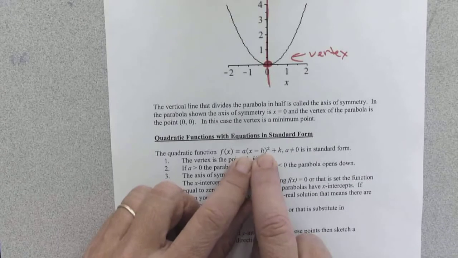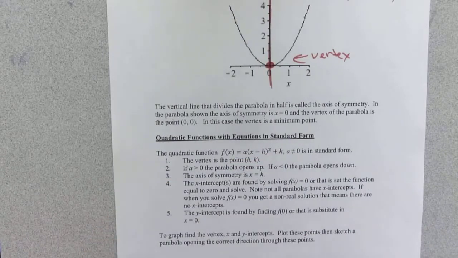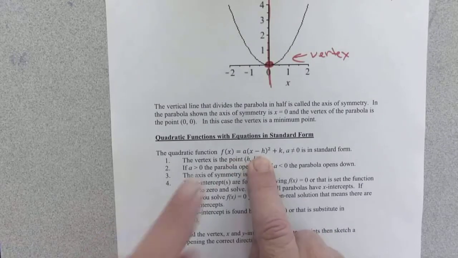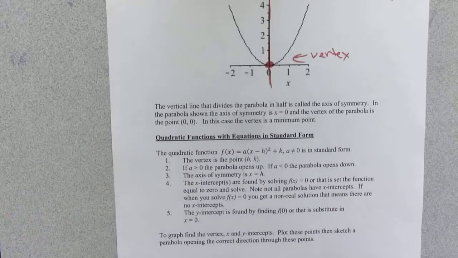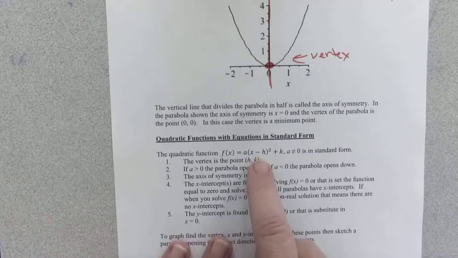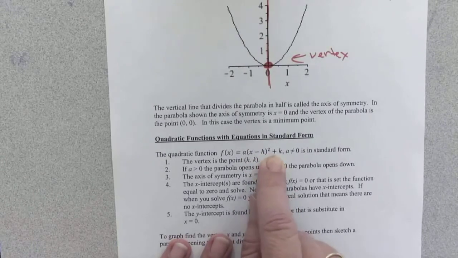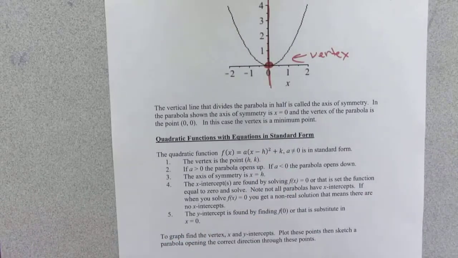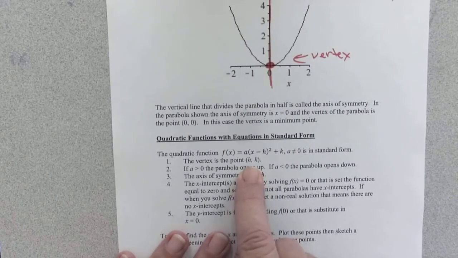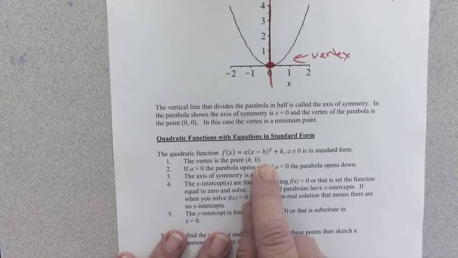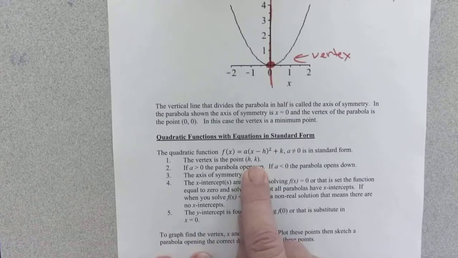When we were doing horizontal translations, the left-right movement, it was always opposite to what you expect. If it was subtracting, you went right, and if it was adding, you went left. You did the opposite when it was horizontal translations, when you were looking at a number inside, in this case the square. That's carrying over here, that the vertex is going to be the opposite of what we have in there, h, and then just the number k on the end. So the vertex is (h, k).